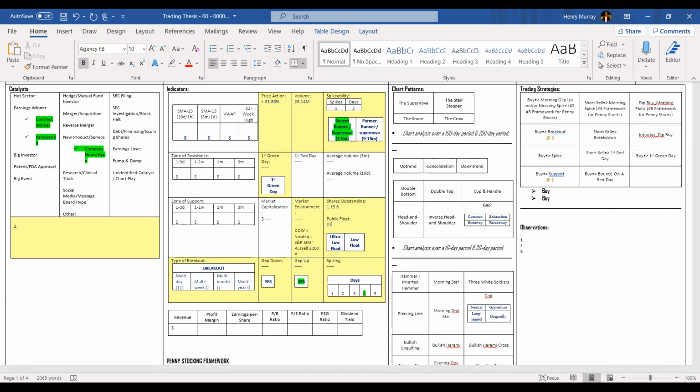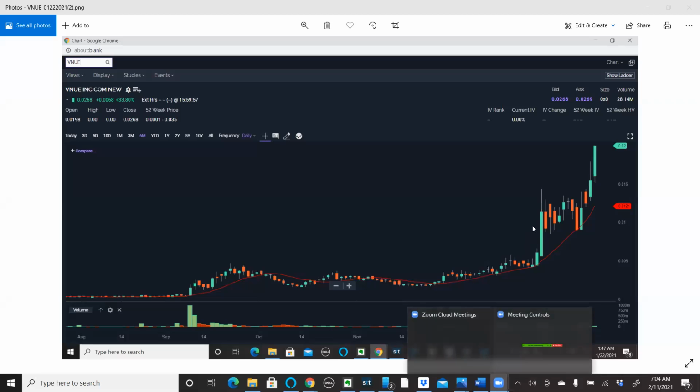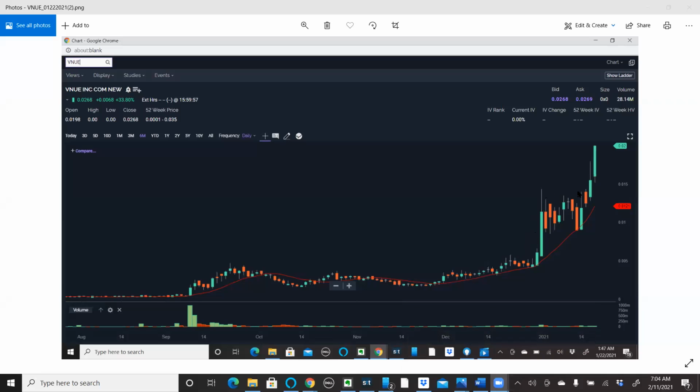If we take a look back at the chart for VNUE, you'll see that it has a multi-day breakout above 0.015, 0.0148, 11 days.